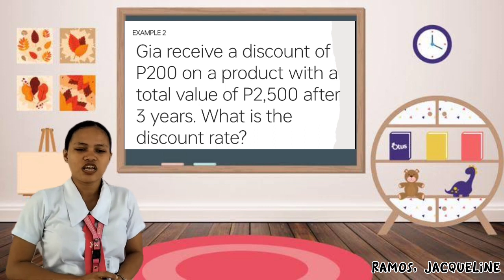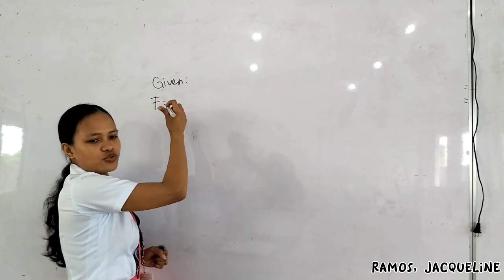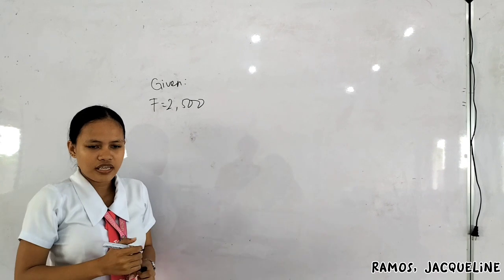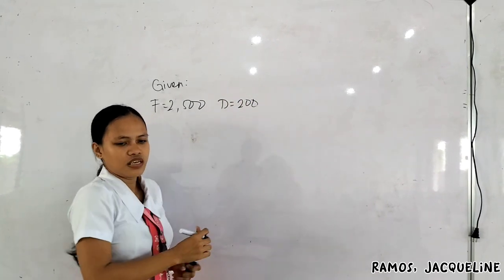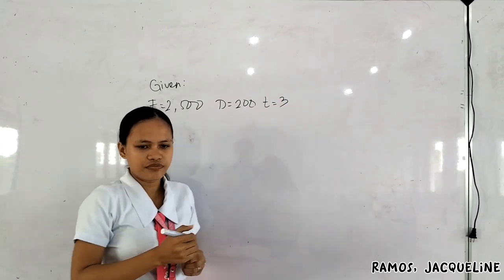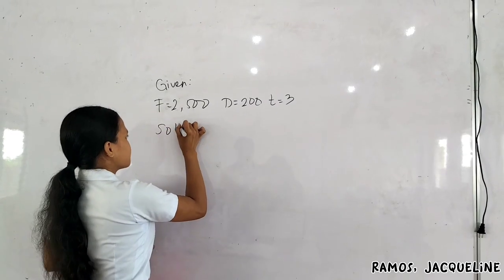Example 2. Gia received a discount of 200 pesos on a product with a total value of 2,500 pesos after 3 years. What is the discount rate given? Our future value is 2,500 pesos, the discount is 200 pesos, and the time is 3 years. Solution.